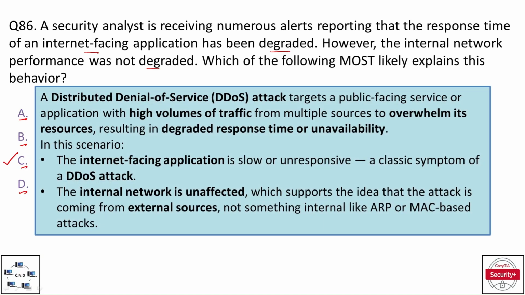So a distributed denial of service, that is DDoS attack, targets a public facing service or application with high volume of traffic from multiple sources to overwhelm its resources, resulting in degraded response time or unavailability. In this scenario, the internet facing application is slow or unresponsive, a classic symptom of DDoS attack.